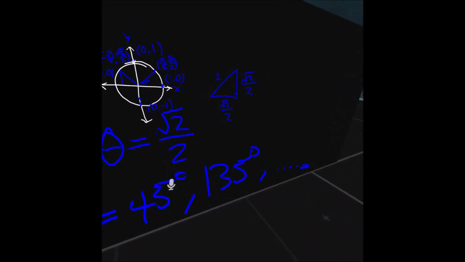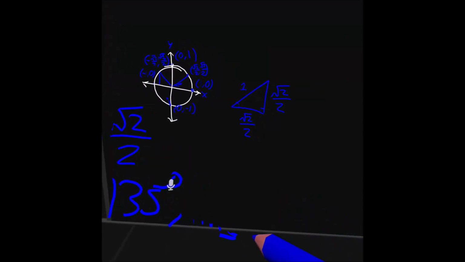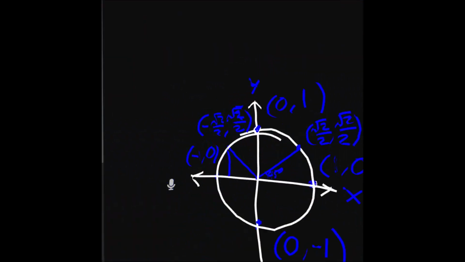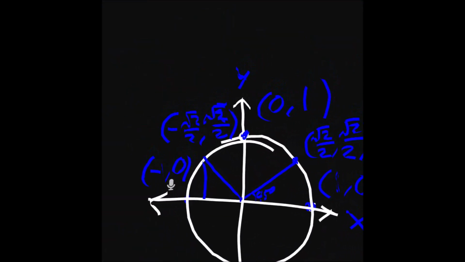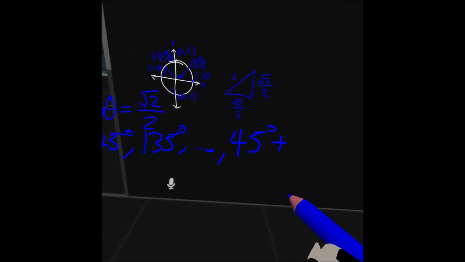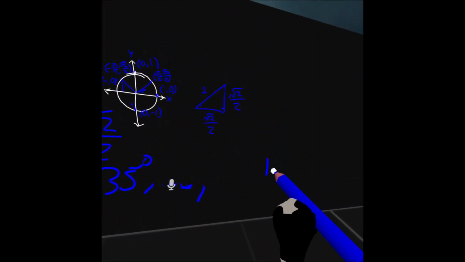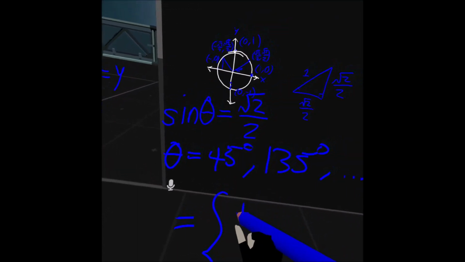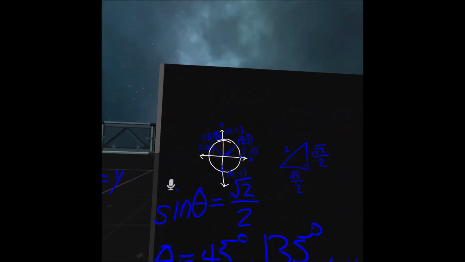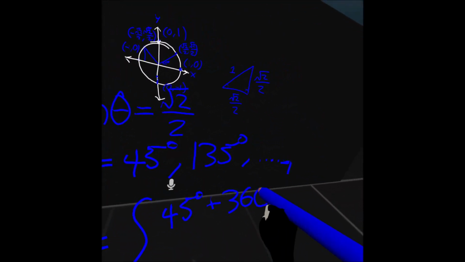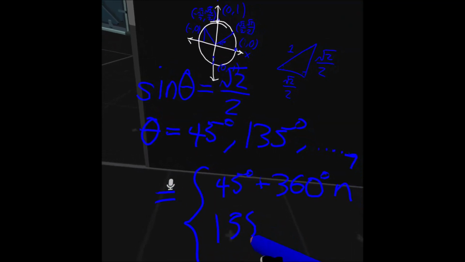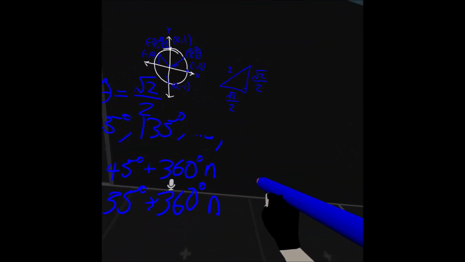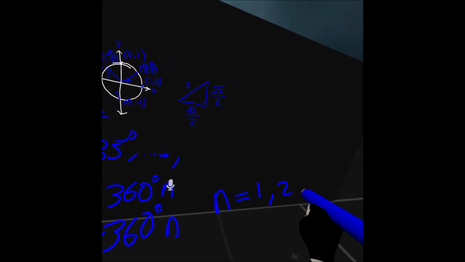In fact, there are infinitely many more answers. It's literally any 45 degrees plus 360 degrees times n, and 135 degrees plus 360 degrees times n, for any integer n.